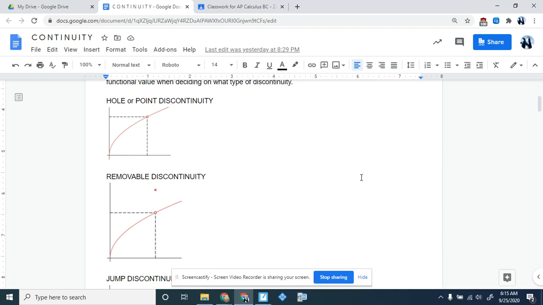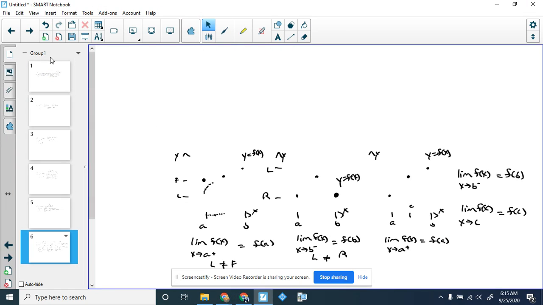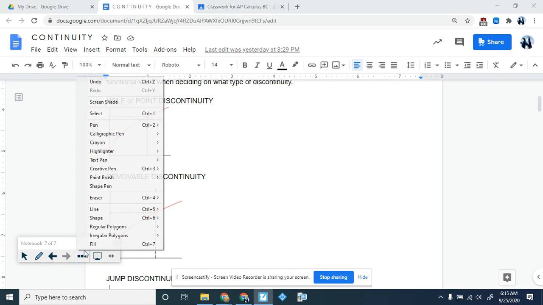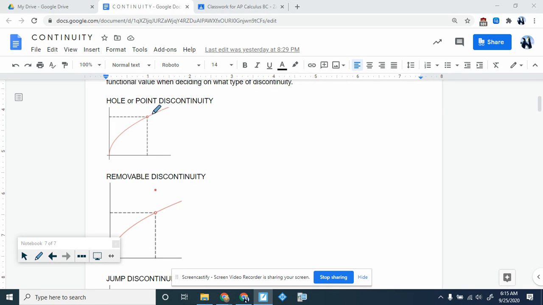There's one thing that I actually wanted to emphasize that I forgot in the last notes piece, a little of how things play out. For example, when you're doing a problem, how are you going to know you're going to get a hole? Well, we talked about it. The two-sided limit would exist, and it wouldn't equal the functional value.